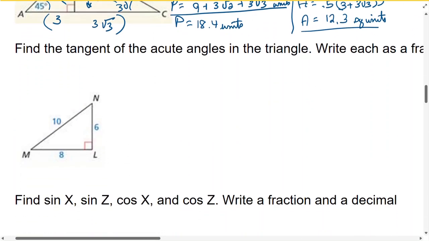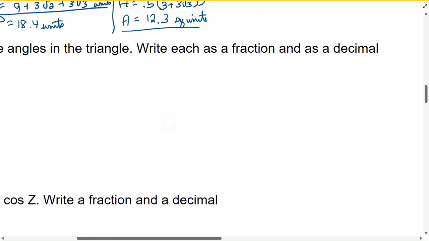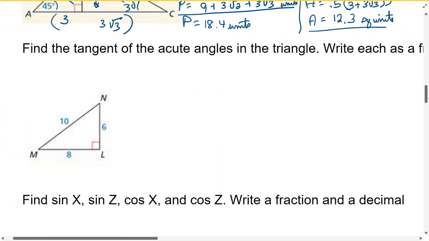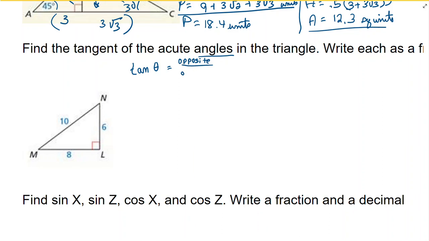Now we're talking about a tangent, and we're supposed to write it as a fraction and as a decimal. The tangent of some angle, and we're talking acutes, is opposite over adjacent. We want the angles of the measure of angle M and angle N. These are the acute angles, less than 90 degrees.